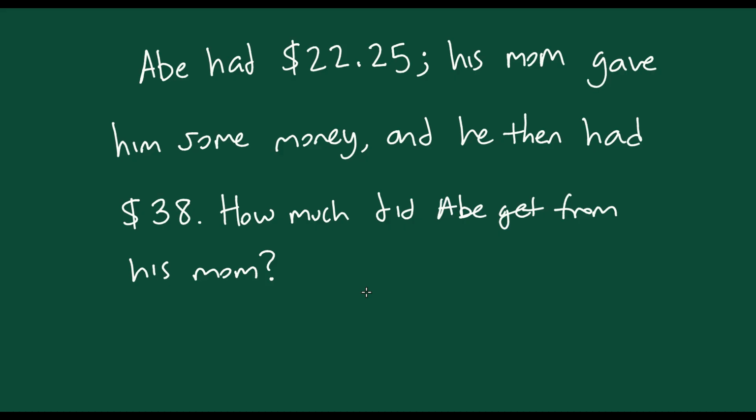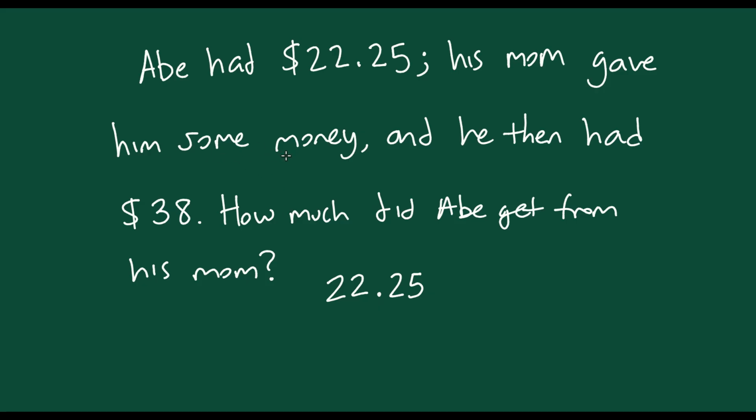So, $22.25, that is a concrete, specific piece of information. So this number right here, that's simply going to be itself, 22.25. So that's one specific piece of info they give us. Abe had $22.25. His mom gave him some money.